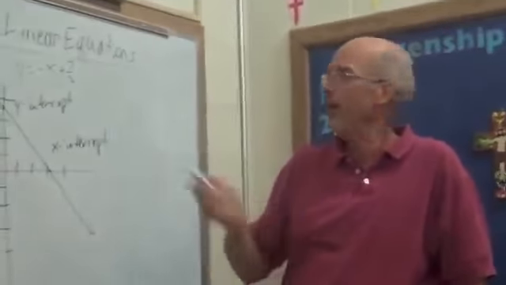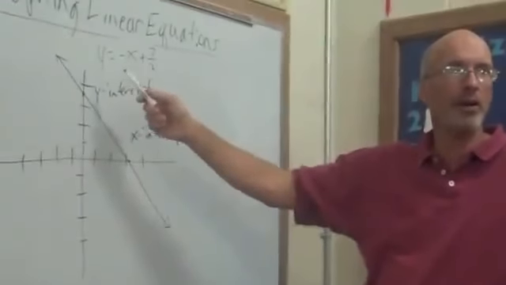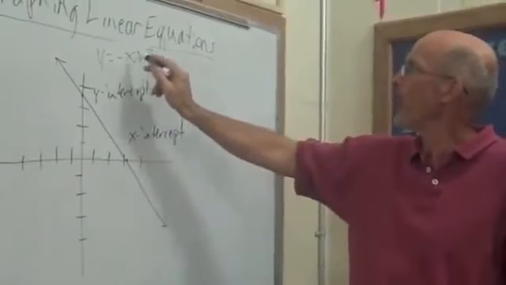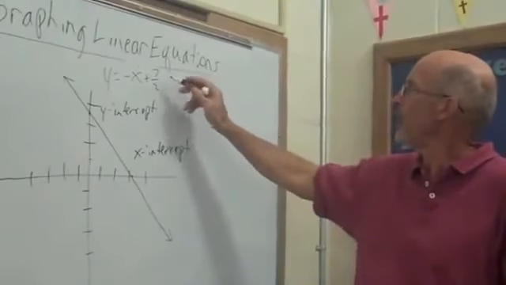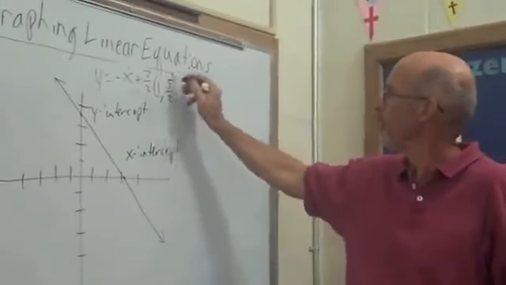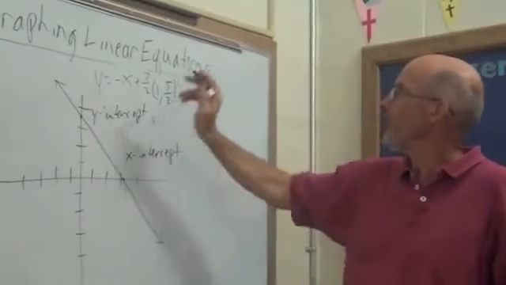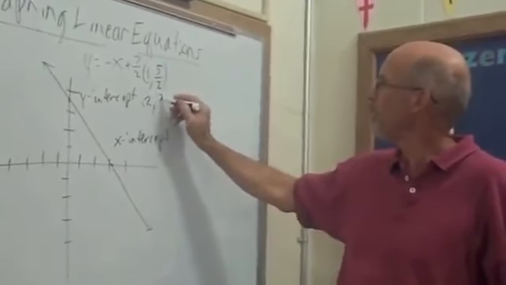Yes, young lady in the back? A lot, she says. And if you think about it, that's right. There are an infinite number of x and y's that can make this true. If I plugged 1 in for x, then y would be 5/2. If I plugged 2 in for x, then y would be 3/2.